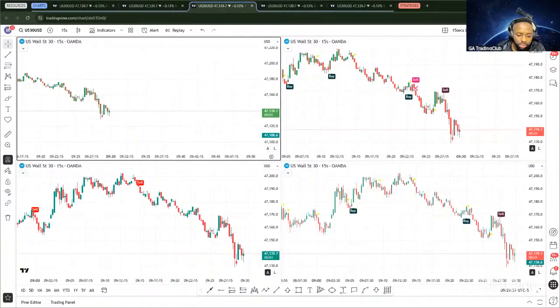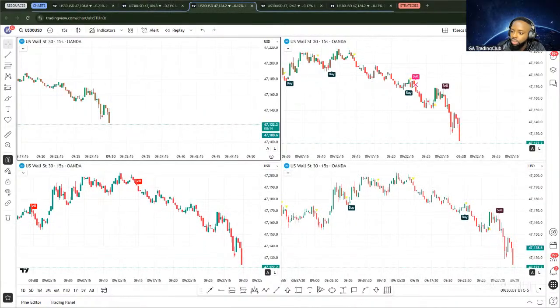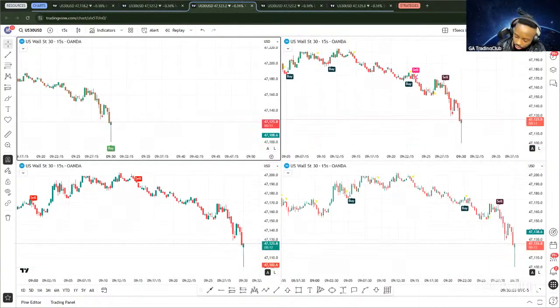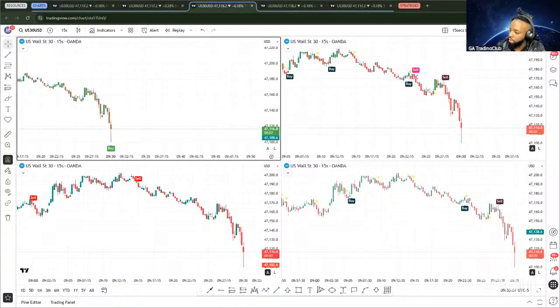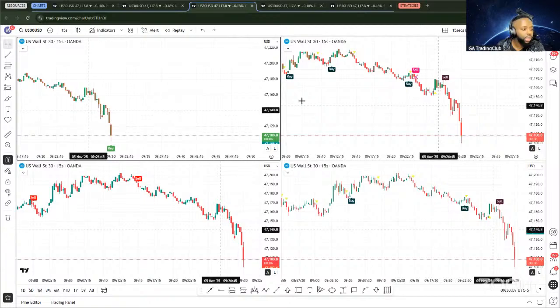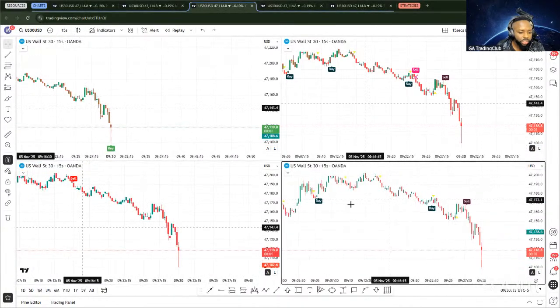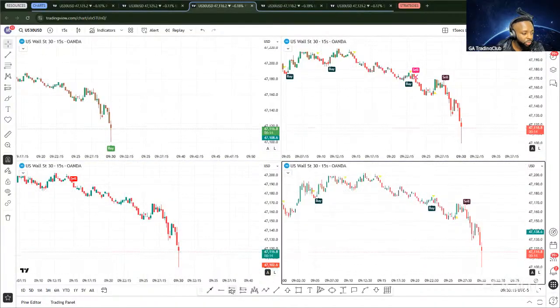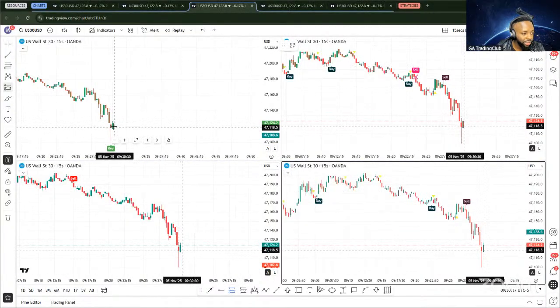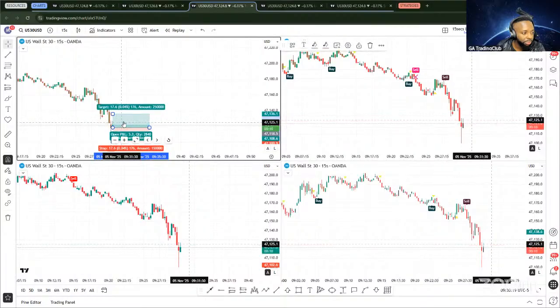So we'll see how this goes. So we're looking at all these four charts. Whatever entry shows up, it's a 1:3 risk to reward. So you can see the market open rejection scalp.